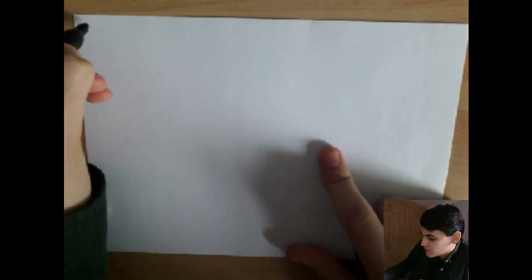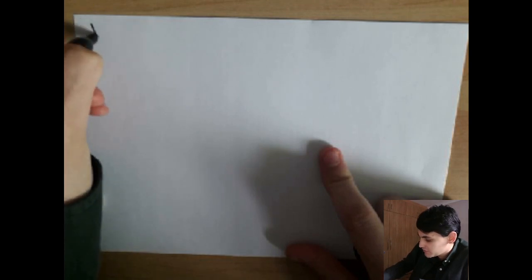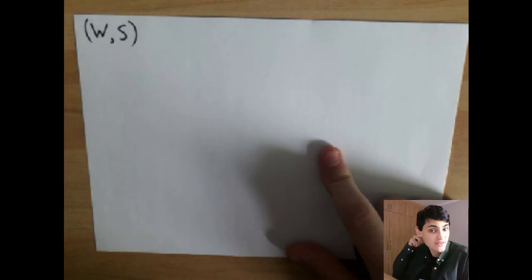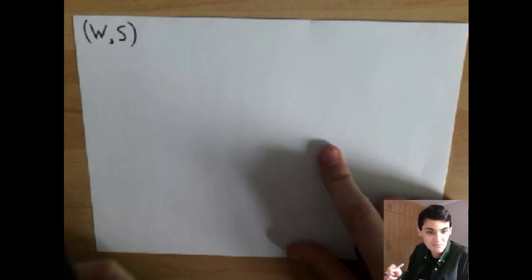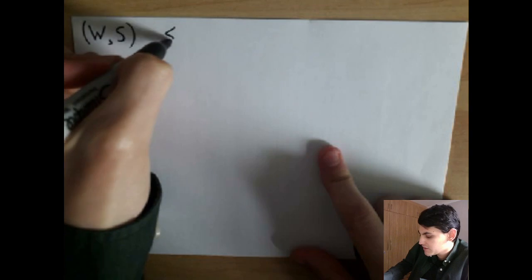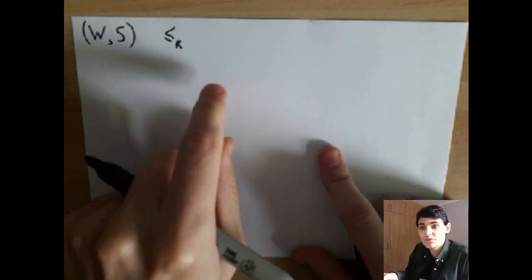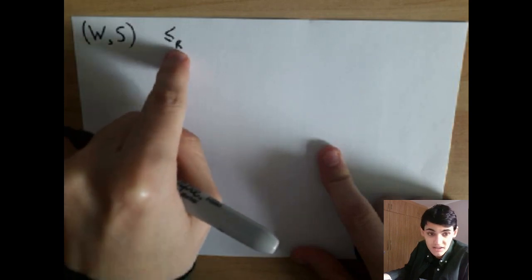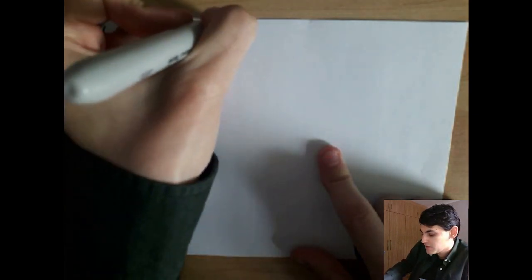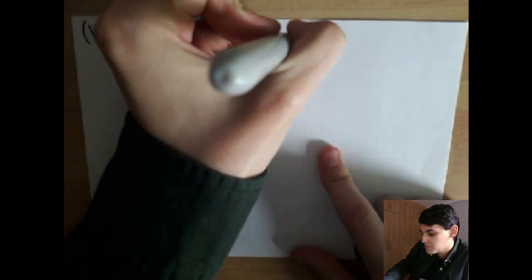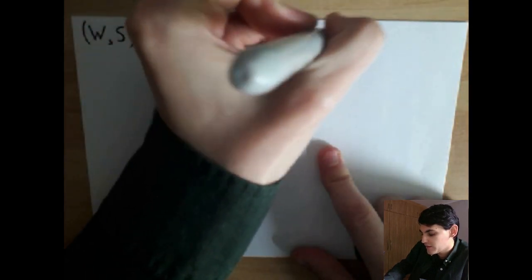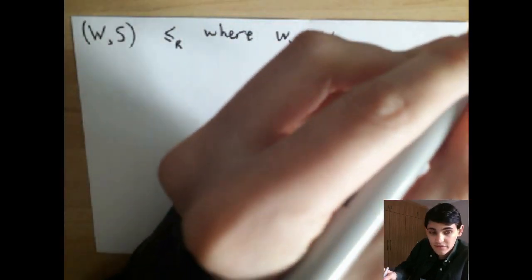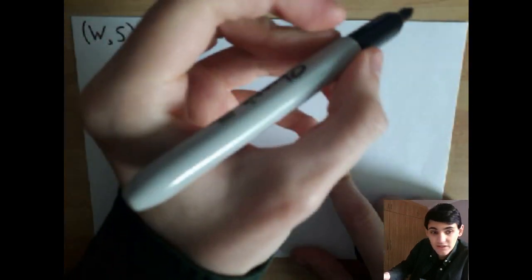So you've got your Coxeter group W and generating set S. So that's your Coxeter system. We define a relation which we will denote by a less than or equal sign with subscript R, where W1 is considered less than or equal to W2 in this weak order sense.